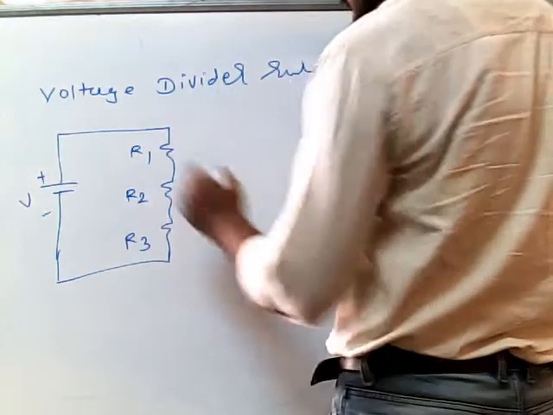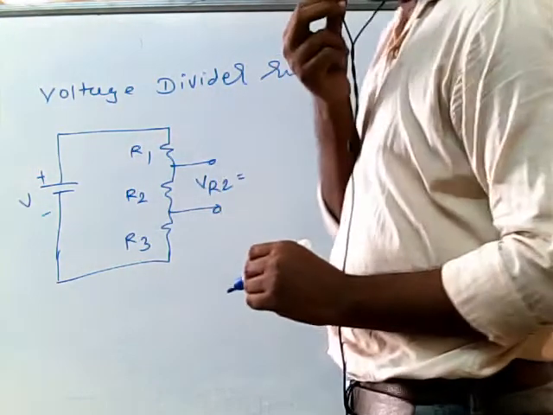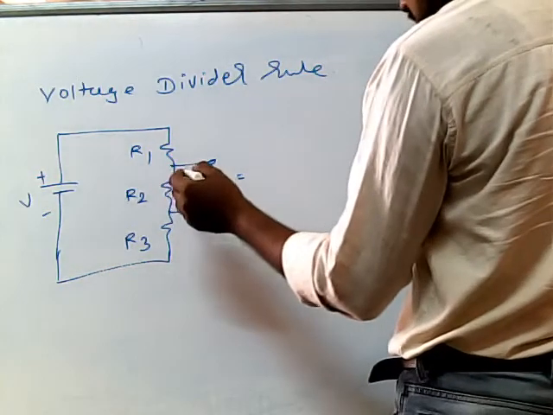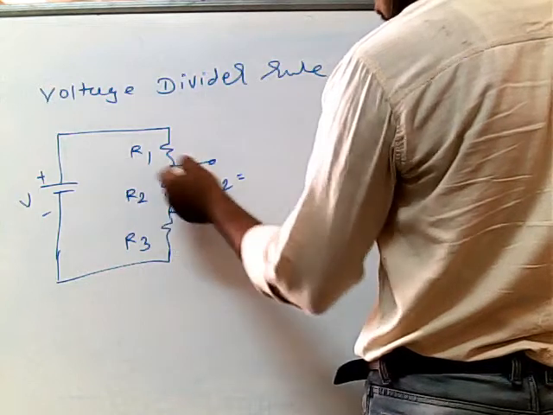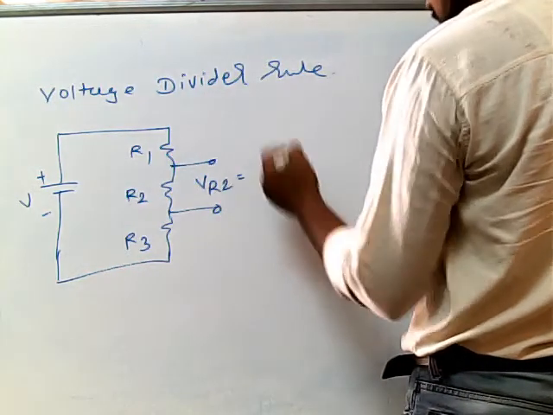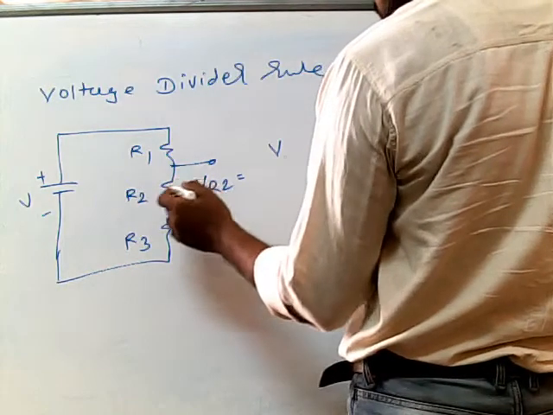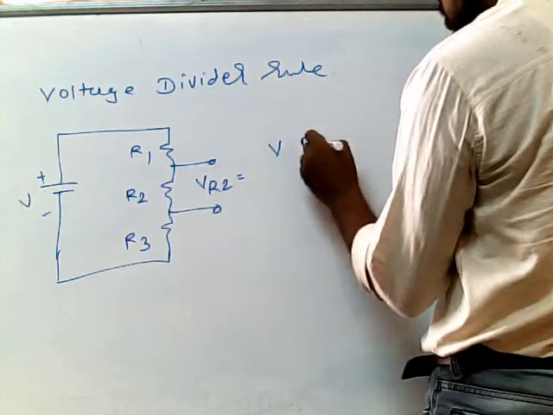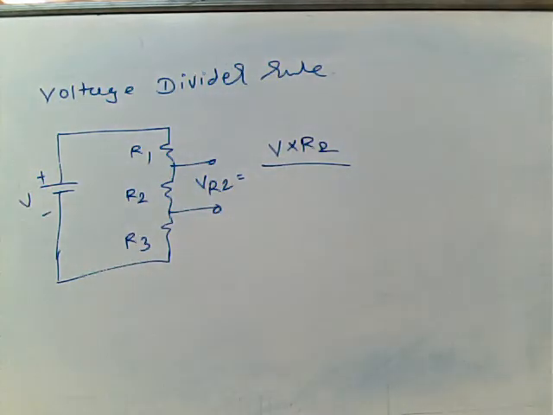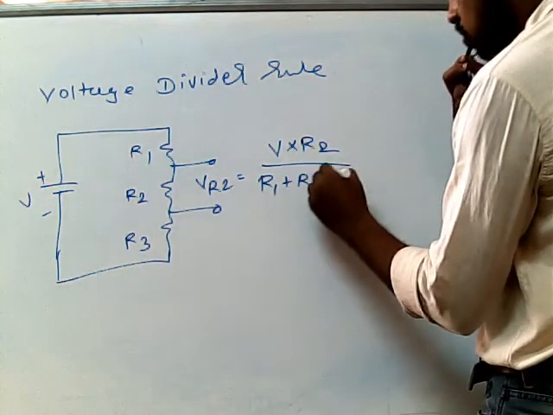This is V, and I want to find the voltage across this R2, that is VR2. What the voltage divider rule says is that the voltage across any resistance will be equal to the total voltage times the resistance across which we want to find the voltage, so that is nothing but R2.